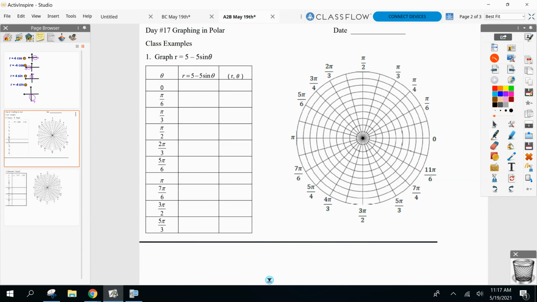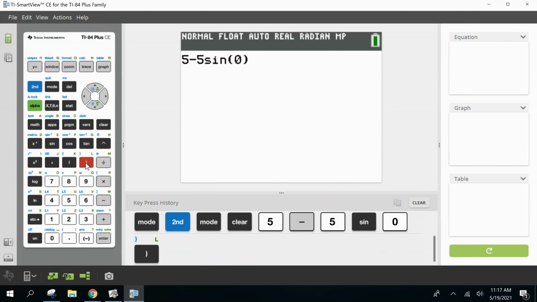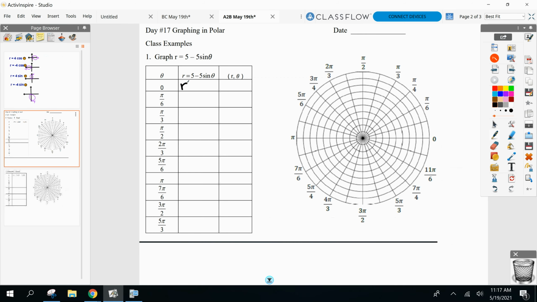Let's get it started. Get your calculator on, radian mode, and plug in 0 into this equation. 5 minus 5 sine 0. I'll do it with you. So our first R value, 5. So everyone can write R equals 5.